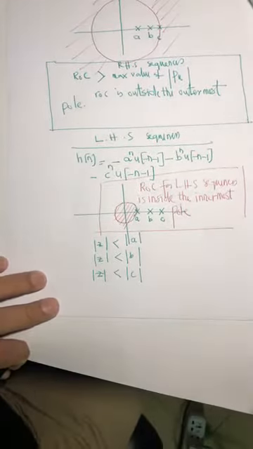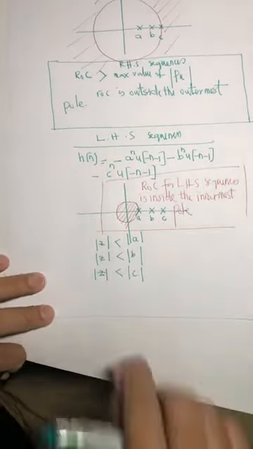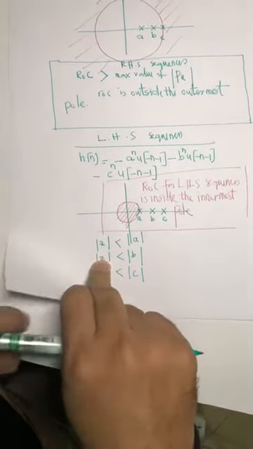So now, obvious question, what if a sequence is both left hand side and right hand side? So what are you going to do about it?